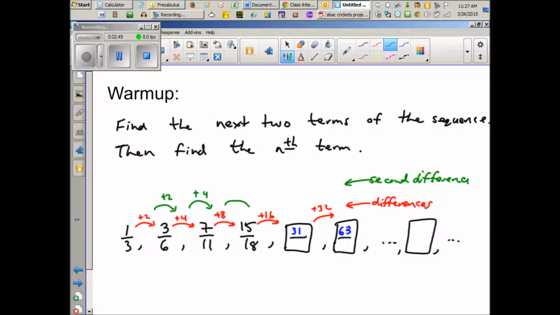Between 8 and 16 it grows by 8. Very interesting. Between 16 and 32 it grows by 16. What happens if you do this again? And you find the third differences? It's going to give you the same thing. This is going to happen forever.